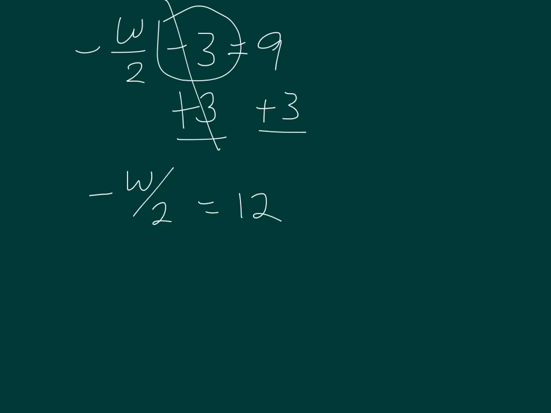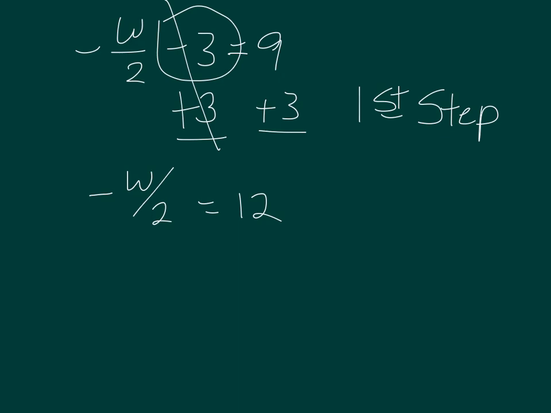So again, here's our first step. Now our second step, we have to isolate the variable by doing the opposite. So what's being done here? It's being divided by 2. But listen very carefully. We can put that negative sign with either the w or the 2.